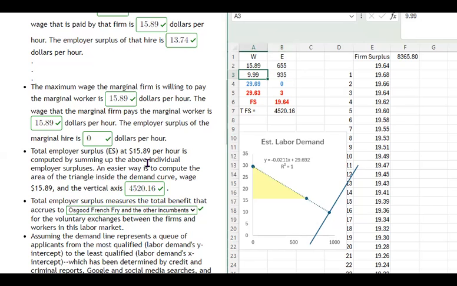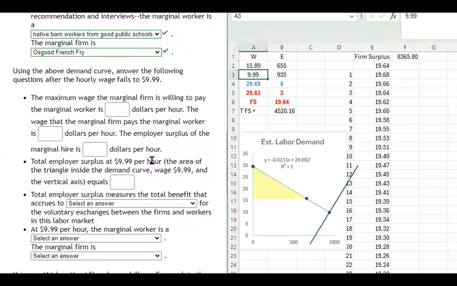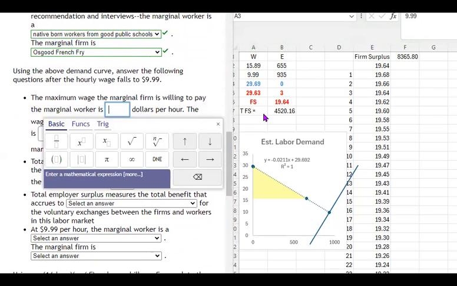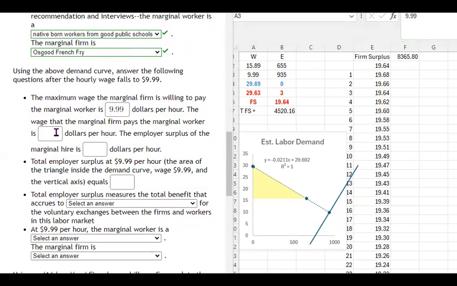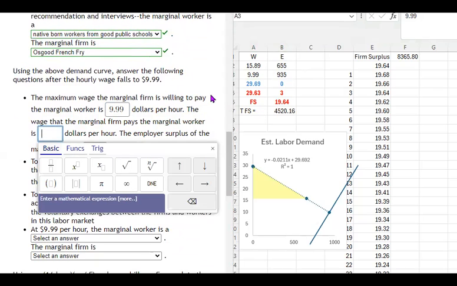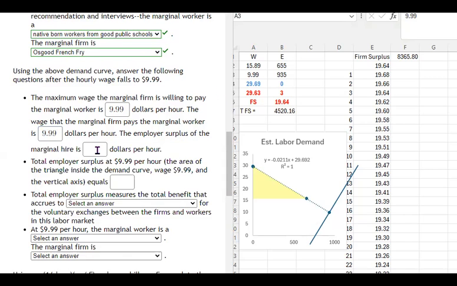So the marginal worker is worth to the marginal firm only $9.99 per hour, and the wage that the marginal firm pays the marginal worker is the $9.99. It's the market wage, and the employer surplus is zero.